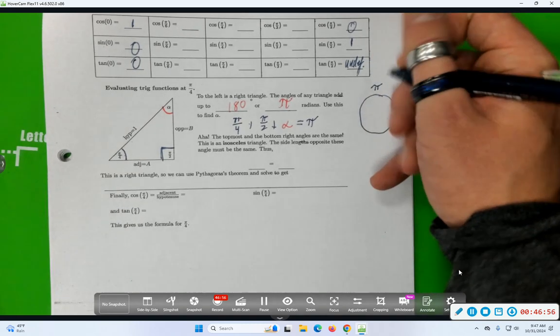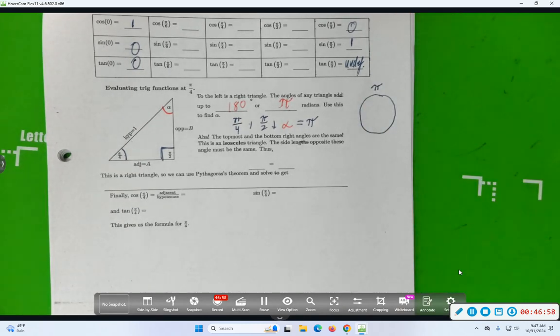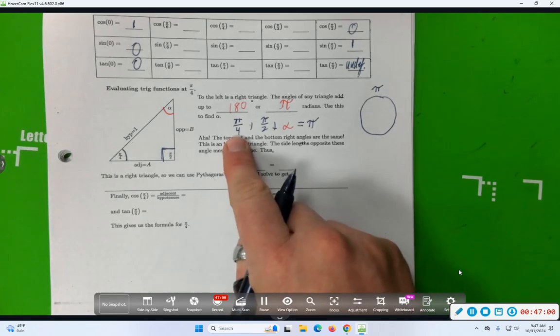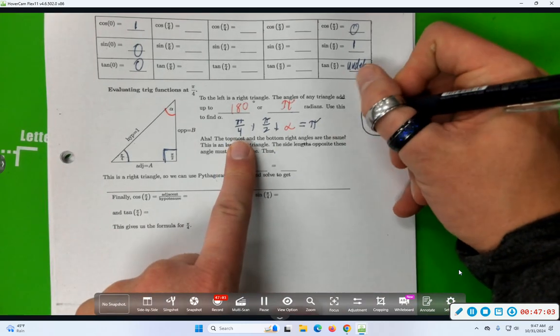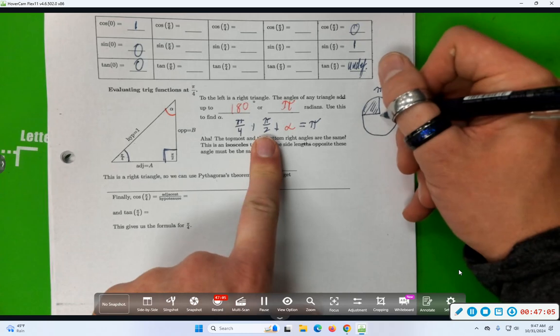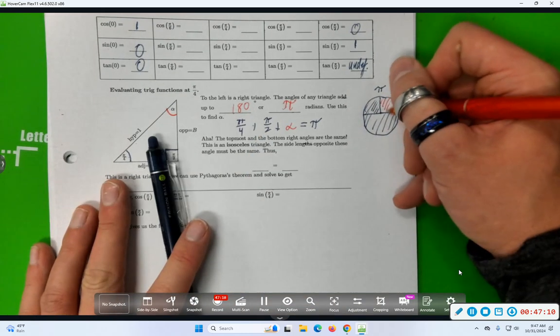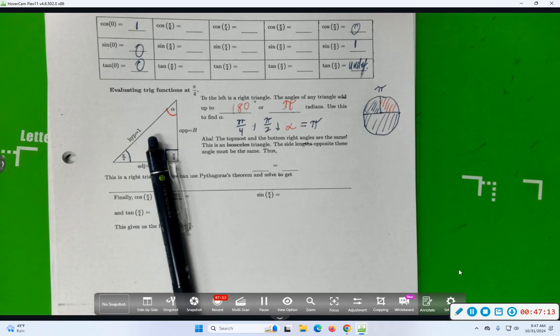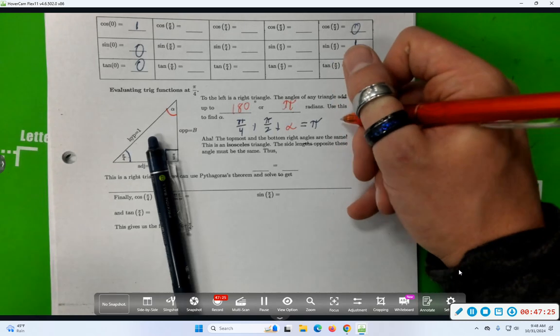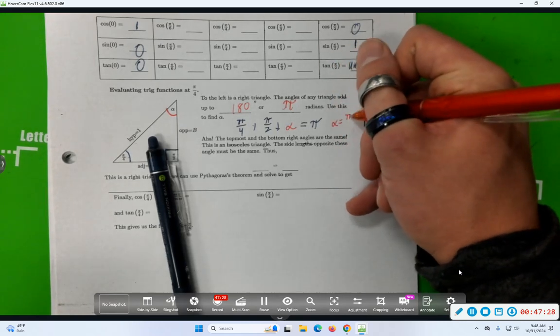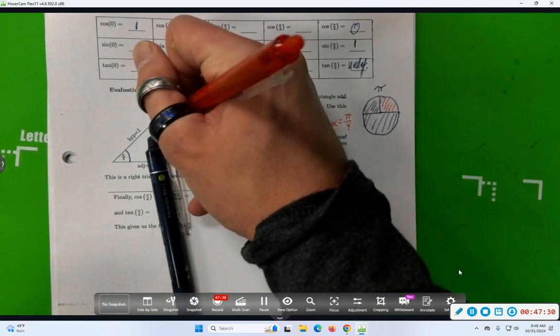That looks like a unit circle, but I just want that whole circle to represent pi. Well, that means I have a quarter of a pi plus a half of a pi plus an unknown angle adds up to 1 full pi. How much of pi is that? A quarter of a pi? Does that agree with what the algebra gave you? Nice. Should I actually do the algebra? All right. Ooh, that means this angle is pi over 4.